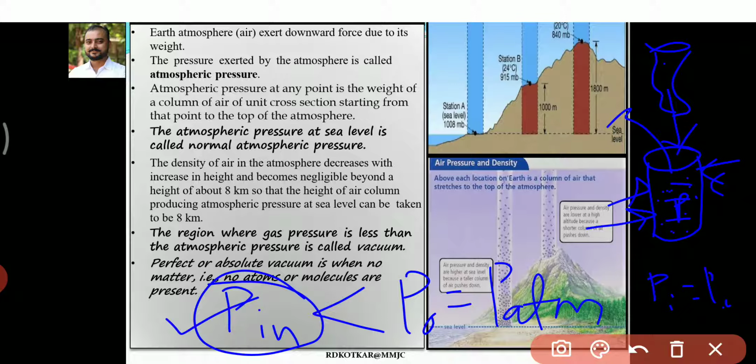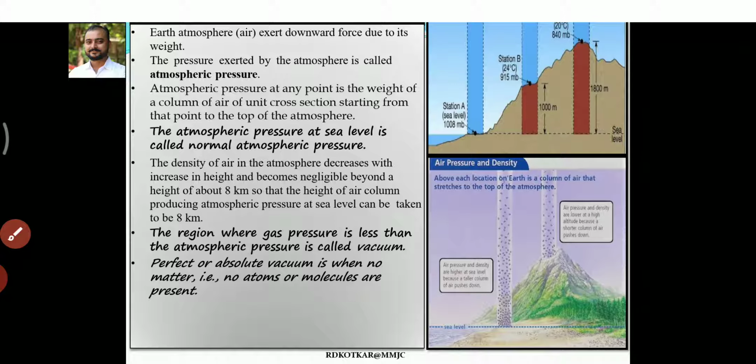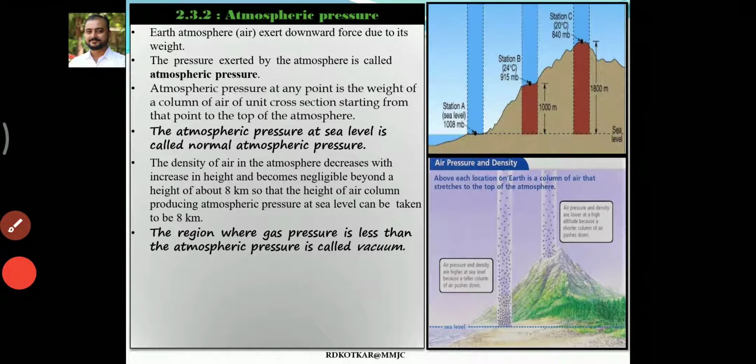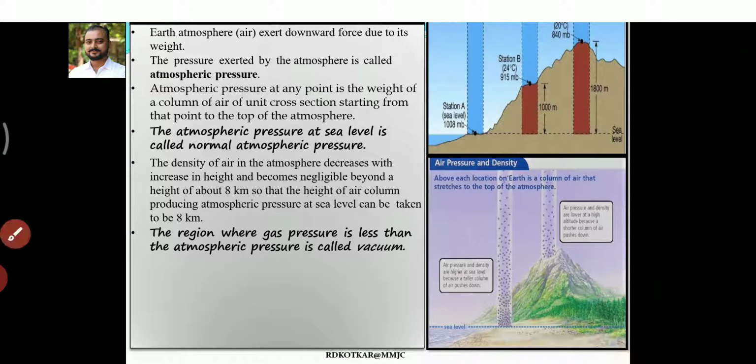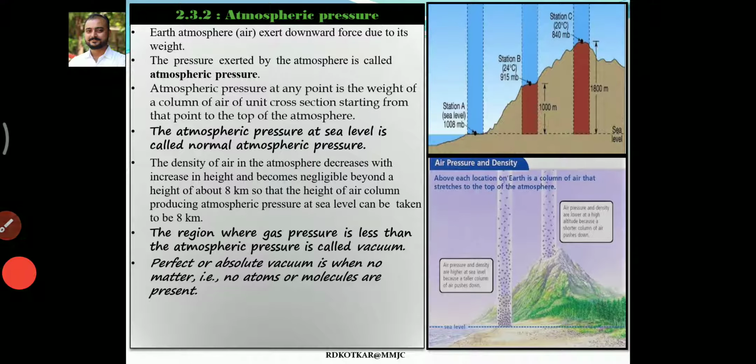But what is the perfect or absolute vacuum? In that case, suppose you make a crushing in such a way that there is no presence of a single air molecule or any matter molecule inside it, then that particular condition is called a perfect or absolute vacuum.